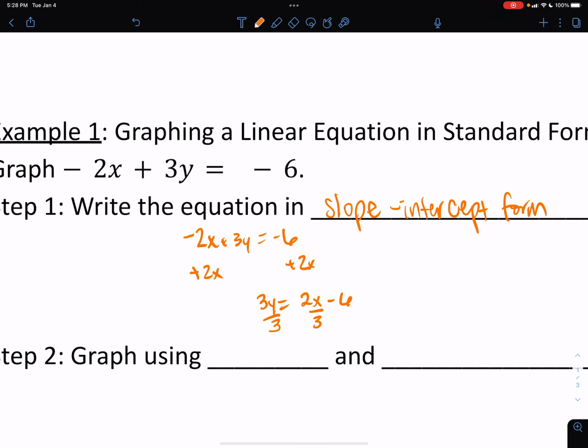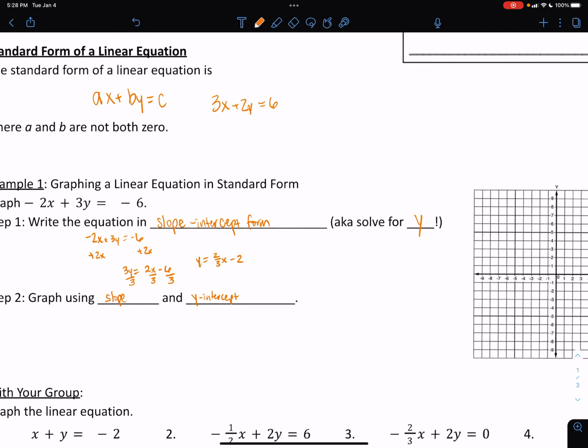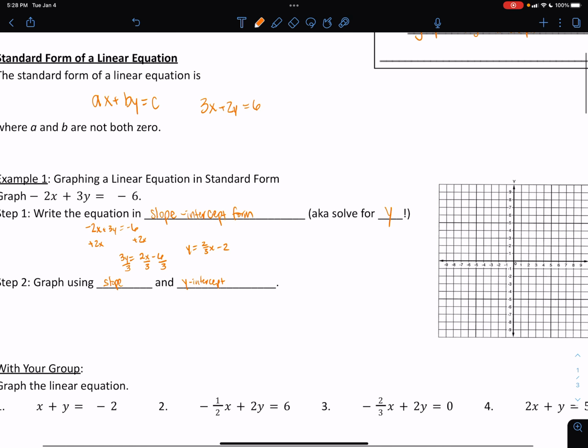Divide by 3, and I get y equals 2 over 3x minus 2. Then from here, I had you graph using the slope and the y-intercept. This is where you do the m, b, and POI. So that's one way you can do this, and I'll talk about the second way.